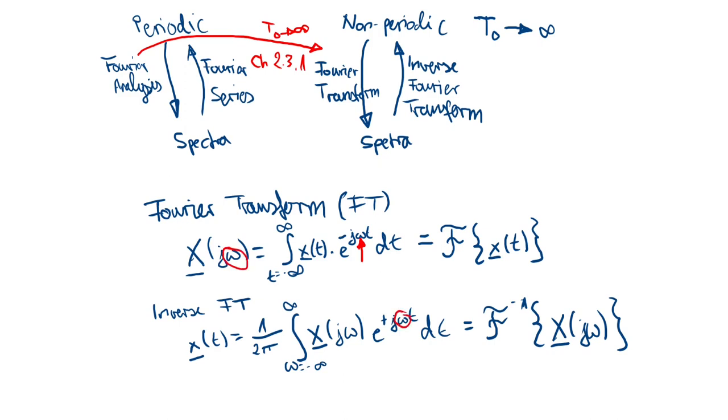If you take a look at the definitions of the Fourier transform and inverse Fourier transform, you see that they look quite the same. The only difference is that the Fourier transform uses a minus here, and the inverse Fourier transform uses a plus here, and the inverse Fourier transform also has this prefactor.